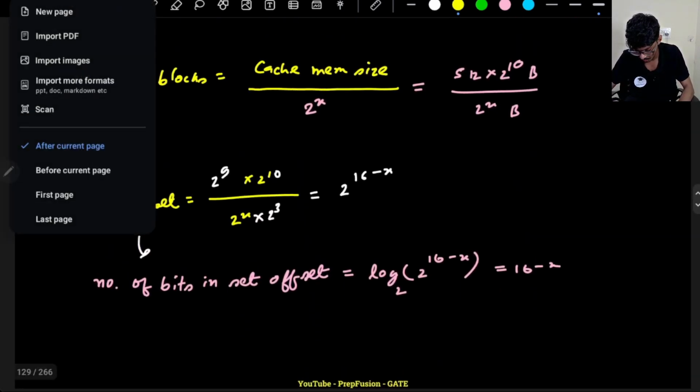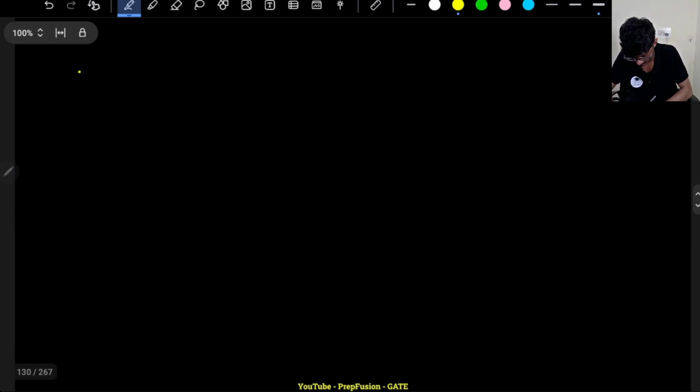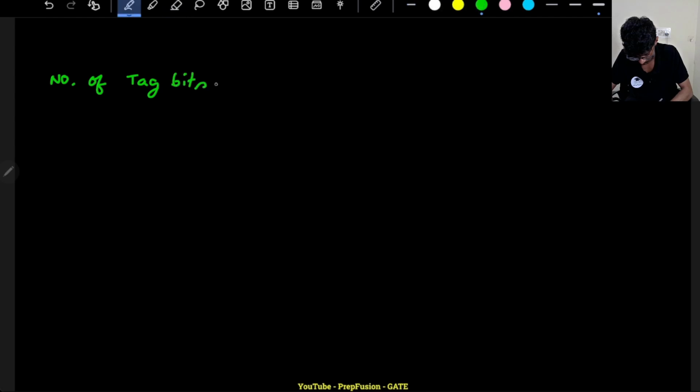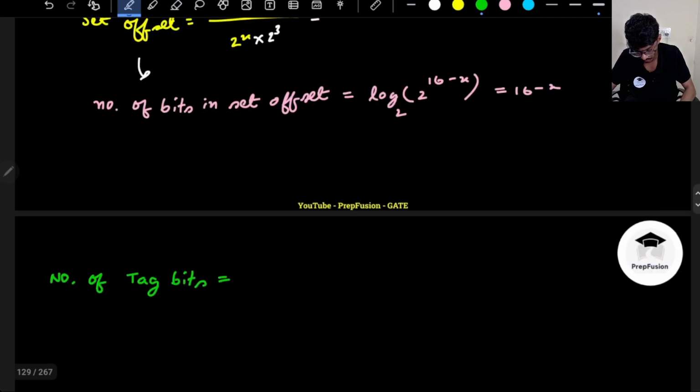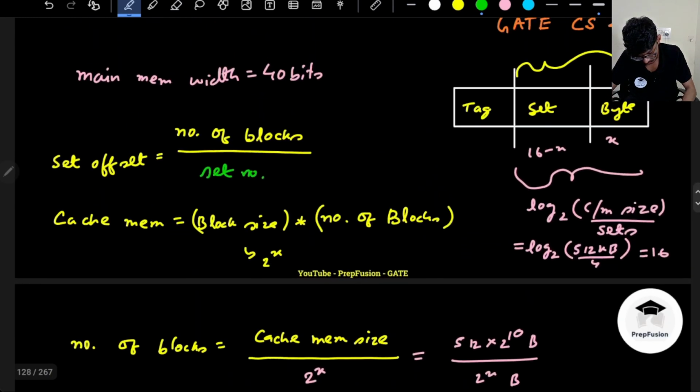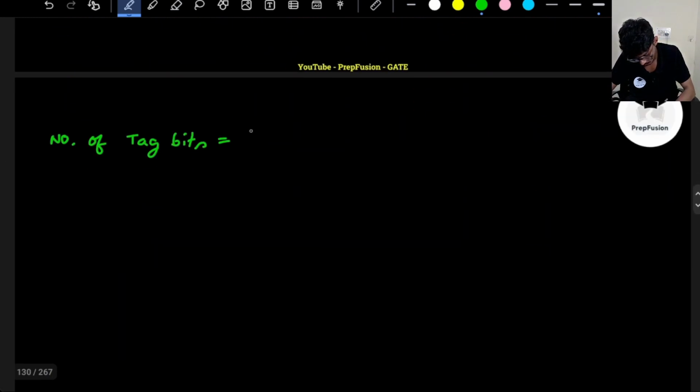So now I can directly say the number of tag bits will be 40 minus 16, which is 24 bits.